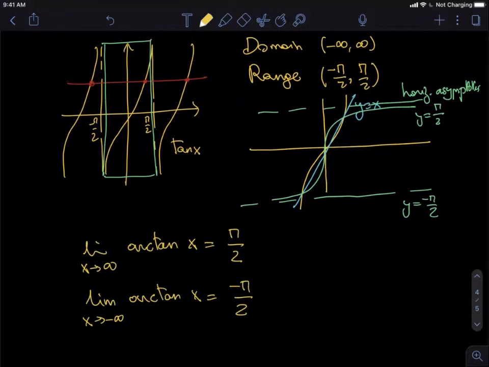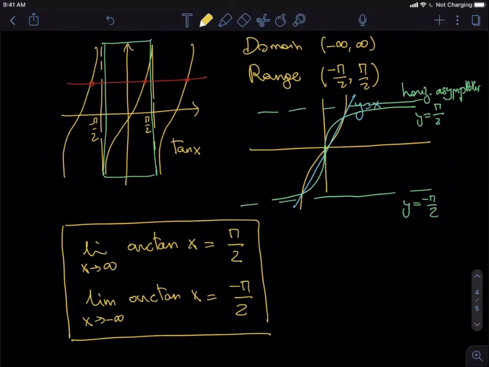This is something we need to keep in mind, because once in a while there is a limit in the problems that says basically this, and I see all types of answers like 0, infinity, negative infinity, 1, does not exist. So remember, it's a horizontal asymptote, so the limit as x tends to infinity is pi over 2, and as x tends to negative infinity, negative pi over 2.